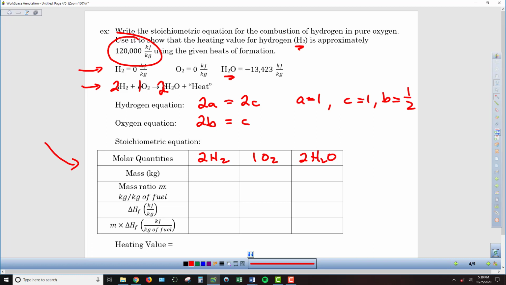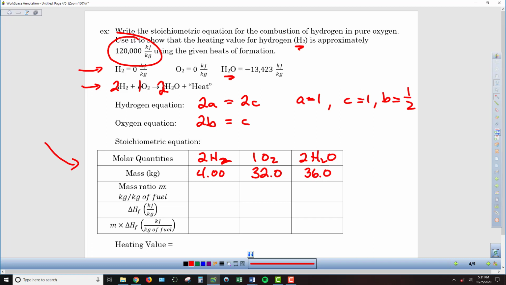So hydrogen, 1 kilogram per kilomole of hydrogen. So with 2 hydrogen gas times the 2 moles, we're going to have a mass of 4 kilograms in those 2 moles of hydrogen gas. For the oxygen, 1 mole of the oxygen gas, so 2 times 16, so we're going to get a mass of 32 kilograms. And then for the water, we have 2 moles of the water, so 2 for the hydrogen plus 16 for the oxygen, times 2, so we get 36 kilograms as the mass there.